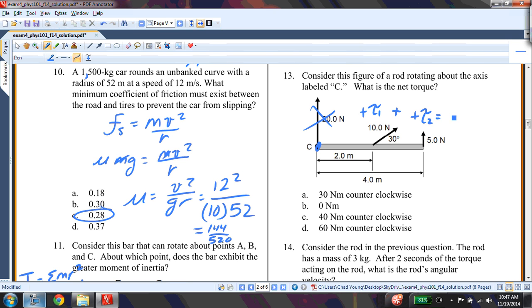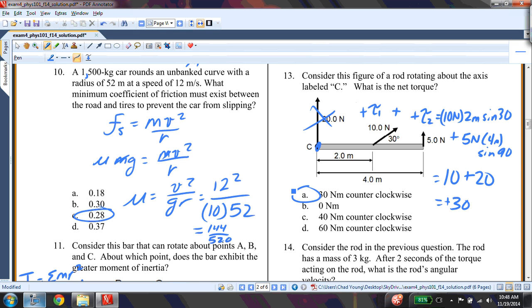Those equal 10 newtons times 2 meters times the sine of 30 plus 5 newtons times 4 meters times the sine of 90. 10 times 2 is 20 times a half, that's 10, plus 20. So that's 10 plus 20 equals 30 newton meters. It's positive, so it's counterclockwise.